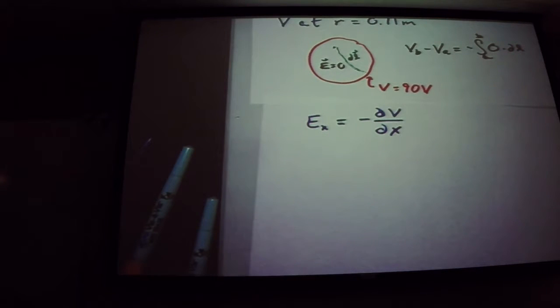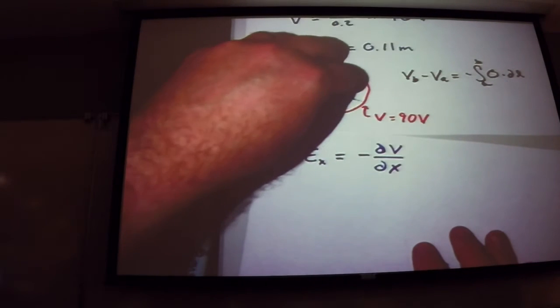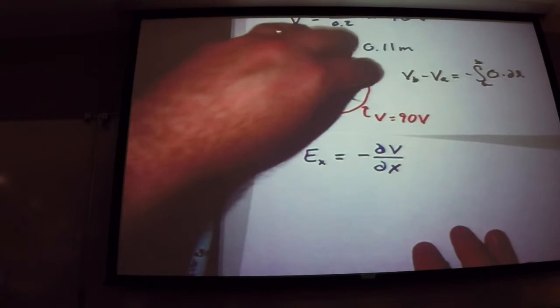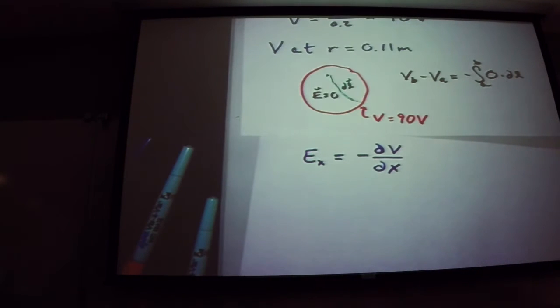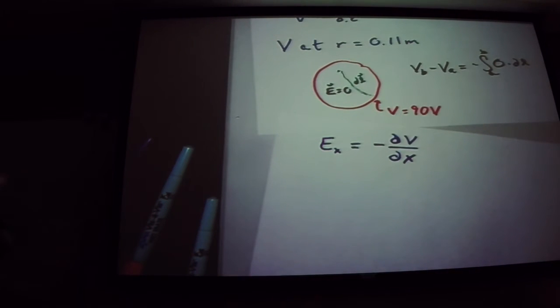A constant. So the entire metal sphere is at the same voltage. The whole sphere equals 90 volts. All of it.